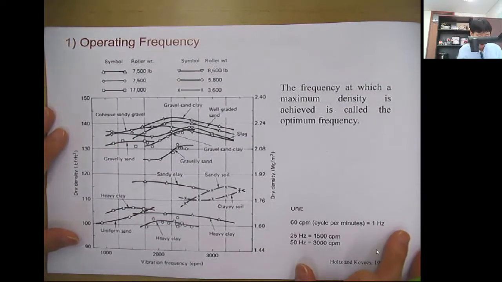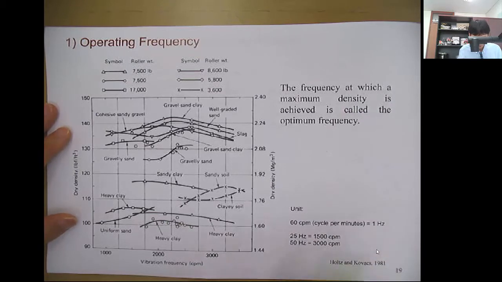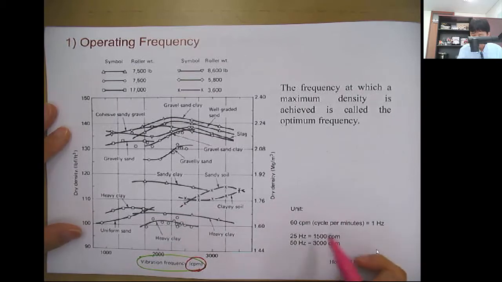So if you look at the dry density curve with different vibrating frequency, this is in units of CPM. CPM stands for cycles per minute. So 60 CPM is 1 hertz.